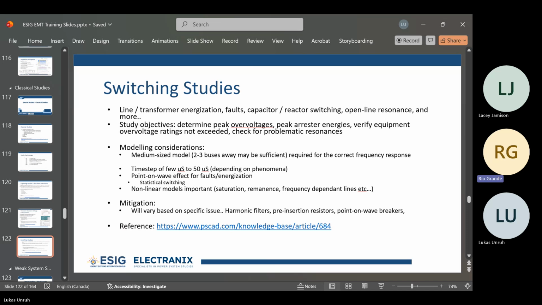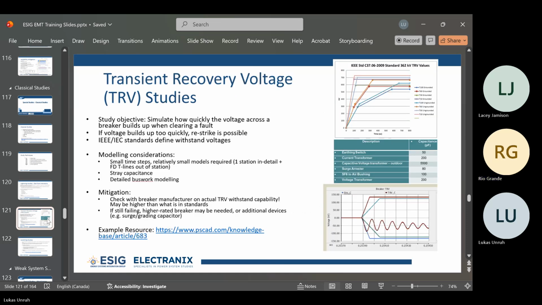Is there anyone that does classical studies, by the way? Yes. Okay, fantastic. Maybe just a question. The typical stray capacitance that we use for TRV, is it the same as the one that we use for fast front transients? I would think so. Good question, but I would think so.